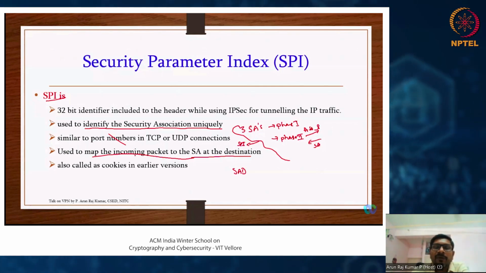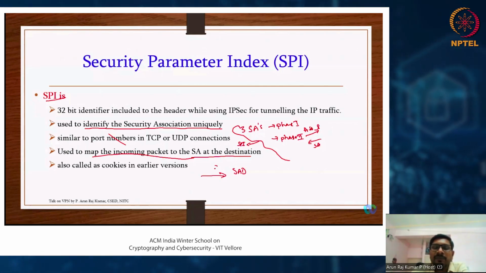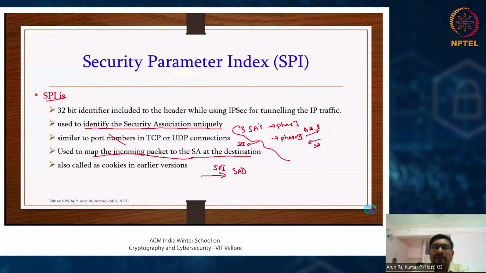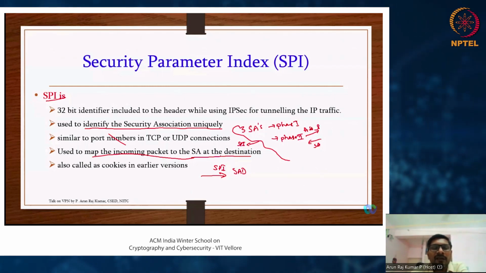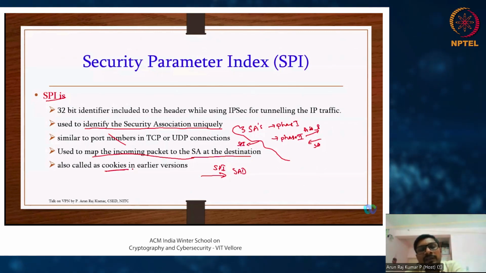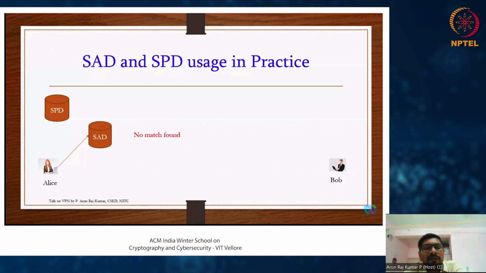So we are able to map the incoming packet based on the SPI and associate it with the destination. In earlier versions, the SPI was also called a cookie. So let's take an example here.